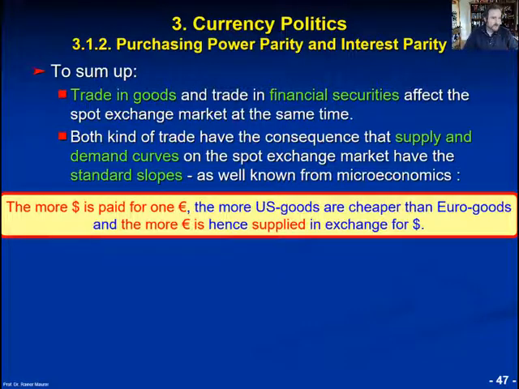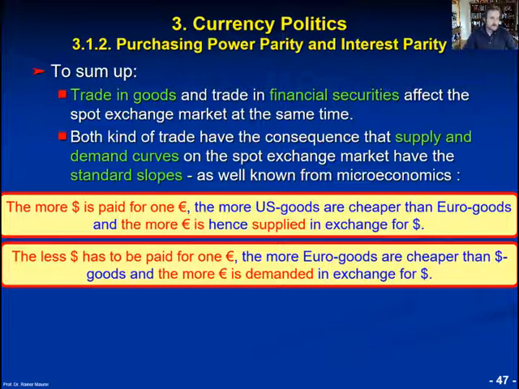The more dollar is paid for 1 euro, the more US goods are cheaper than euro goods, and hence the more euro is supplied in exchange for dollar. The less dollar has to be paid for 1 euro, the more euro goods are cheaper than dollar goods, and hence the more euro is demanded in exchange for dollar.